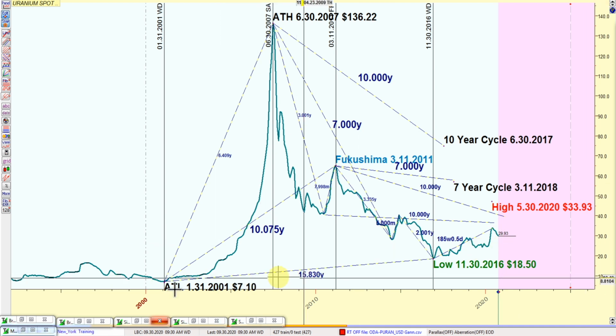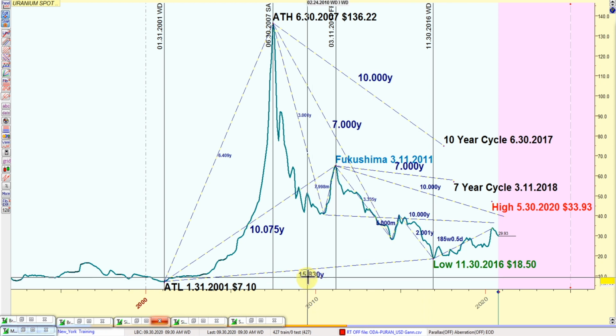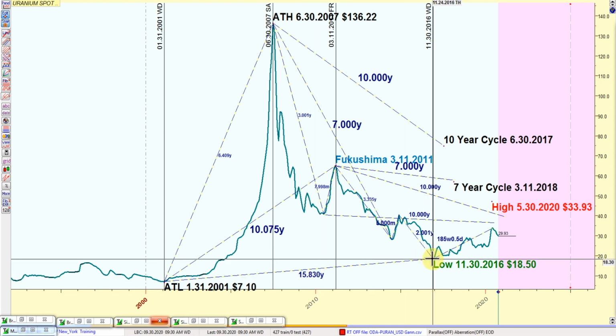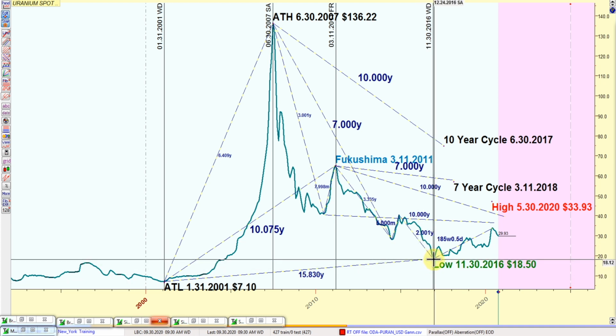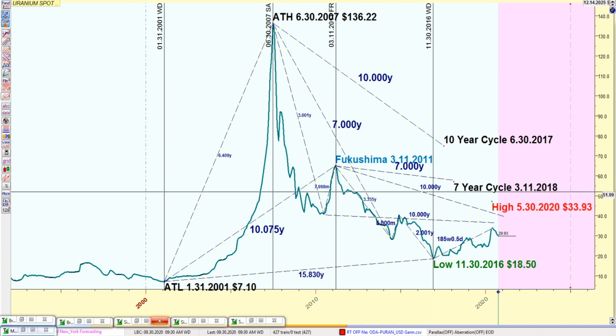The 15-year cycle that I mentioned. From the all-time low to this low, current low of 2016 was 15 years and change. So it wasn't exactly 15 years, but it was 15 years and change. We made a recent low. And this is the 15-year cycle that I was mentioning in the chart on Gann's master time cycle.